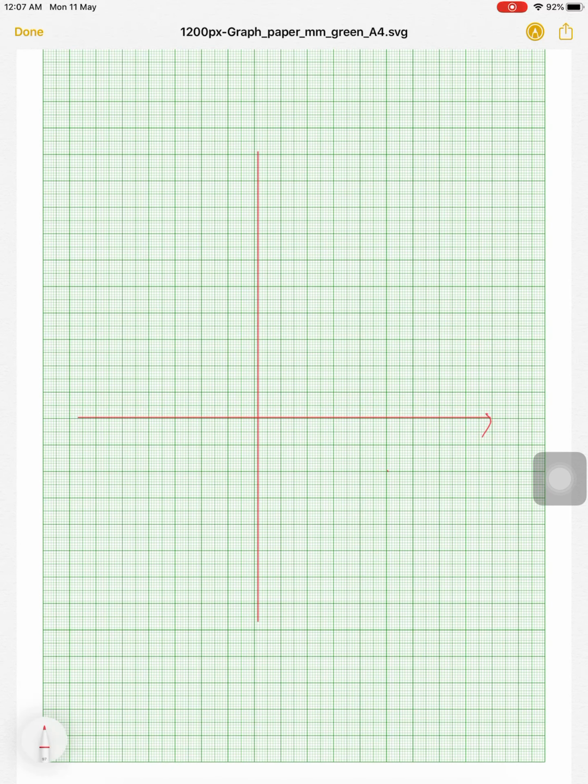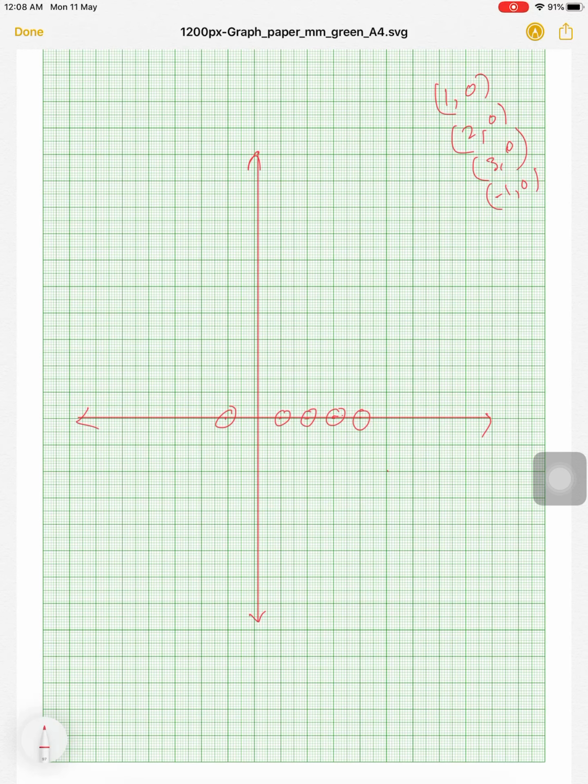Here let me take some points. I shall take 1, 0, 2, 0, 3, 0, minus 1, 0 on this graph. Where is 1, 0? 1, 0 means in the x-axis we have to go 1 centimeter and in the y-axis 0. Here 1, 0, this is 2, 0, this is 3, 0, this is 4, 0, this is minus 1, 0.